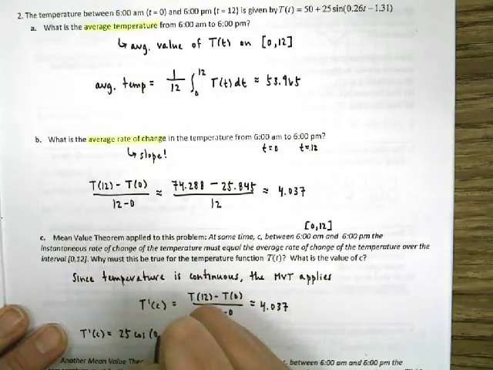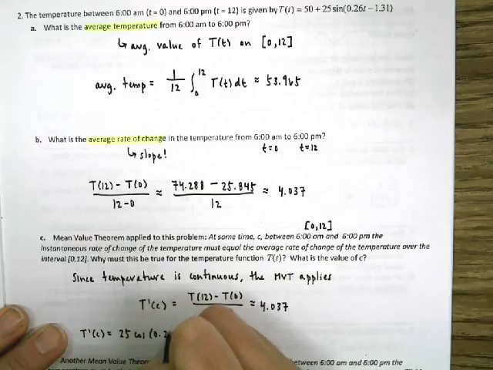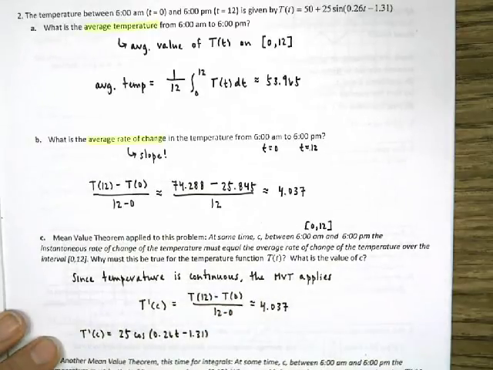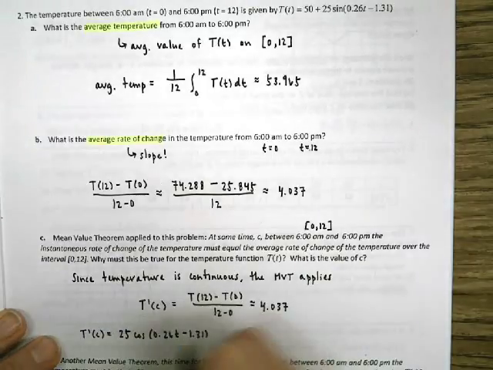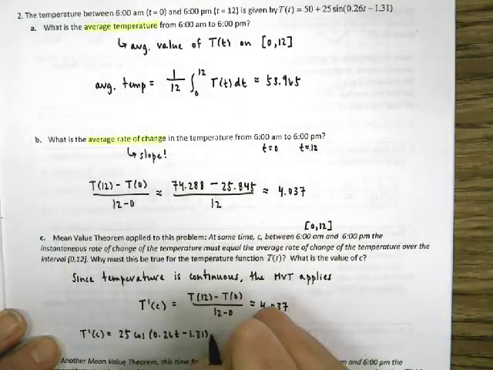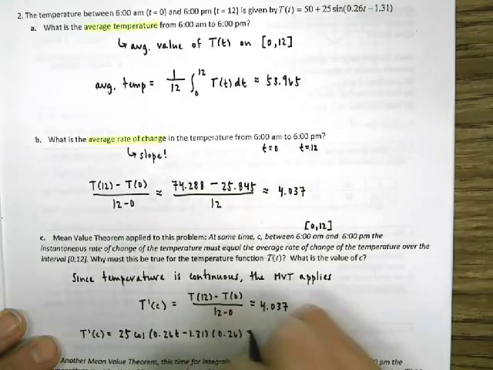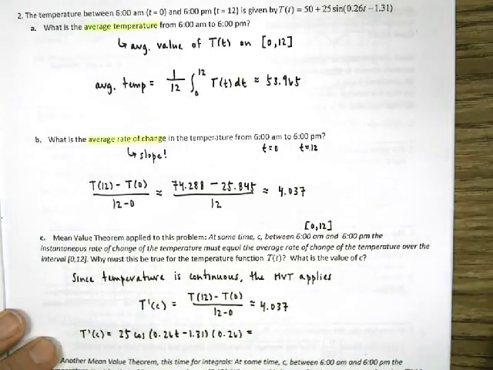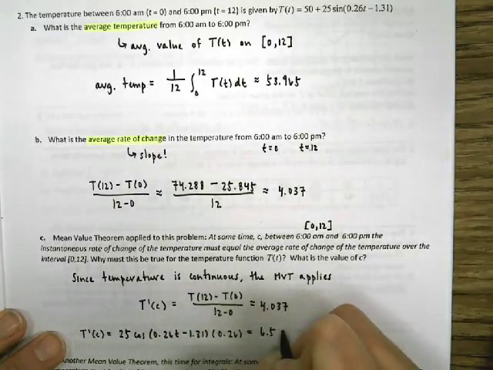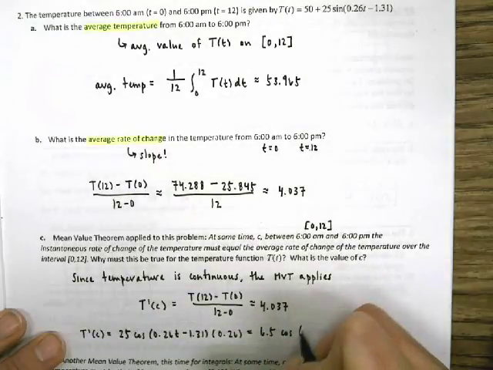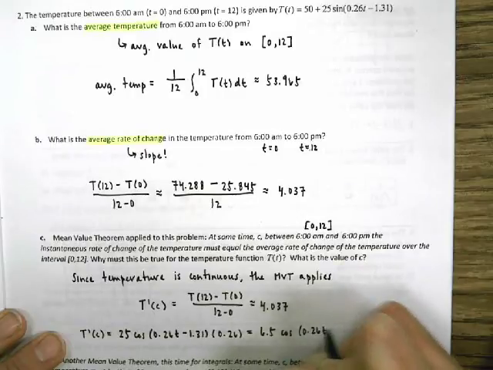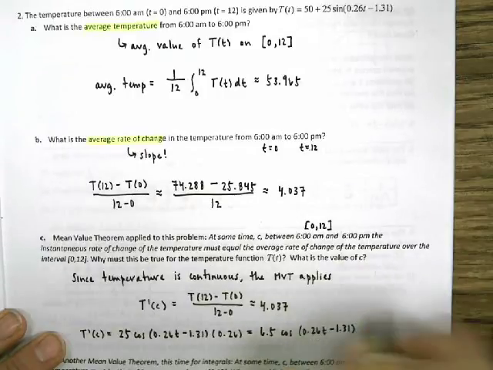I'm going to keep my insides the same, times 0.26t minus 1.31. And I'm going to multiply by the derivative of my insides, which is going to be times 0.26. So if I simplify 25 times 0.26, I'm going to get 6.5 cosine of 0.26t minus 1.31.